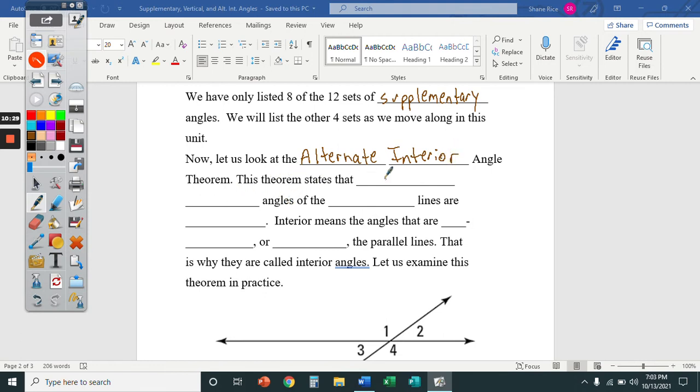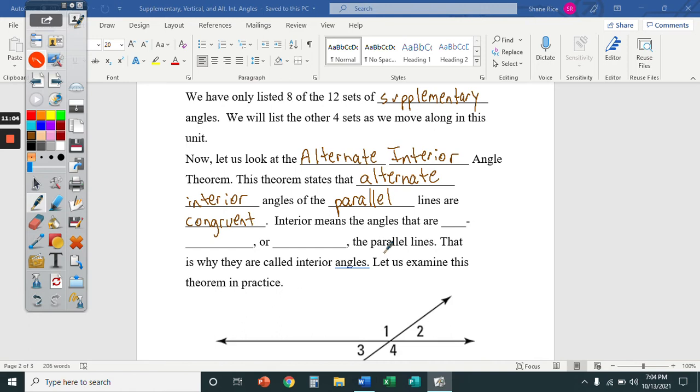And this theorem states that alternate interior angles of the parallel lines are congruent. And we know by now that congruent is the word that means equal. Okay, their measures are equal.